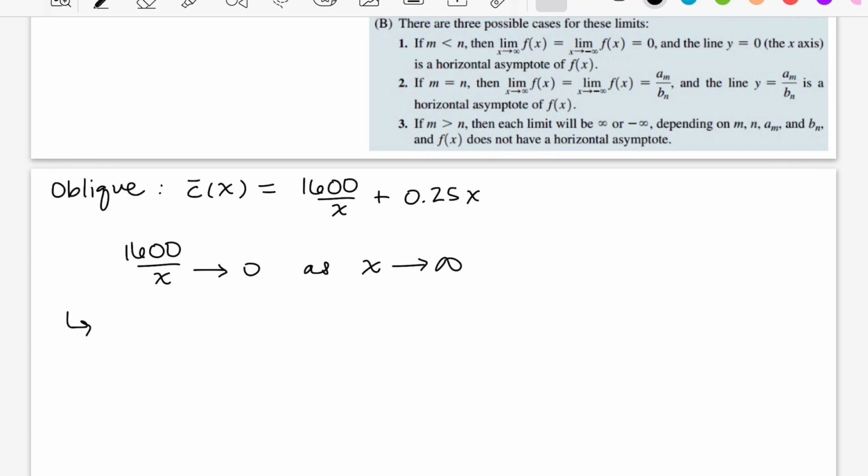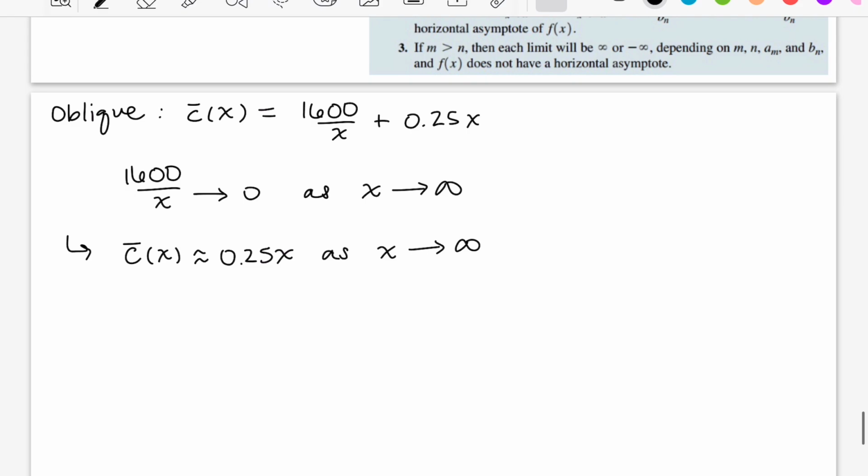So this tells us that our average cost function is going to get closer and closer, or is going to equal this as x gets bigger and bigger.